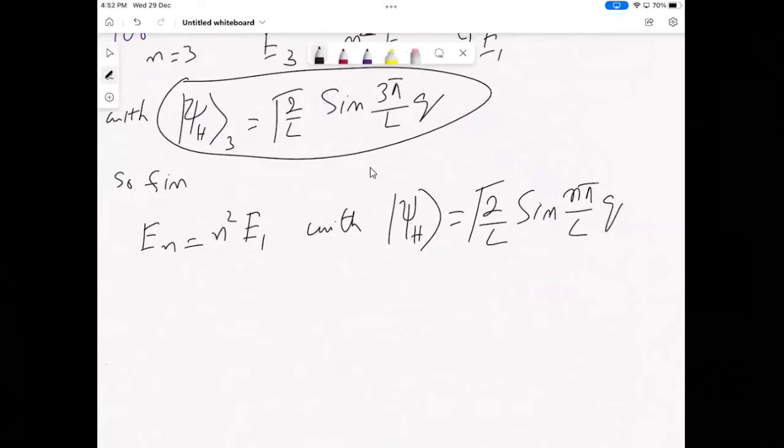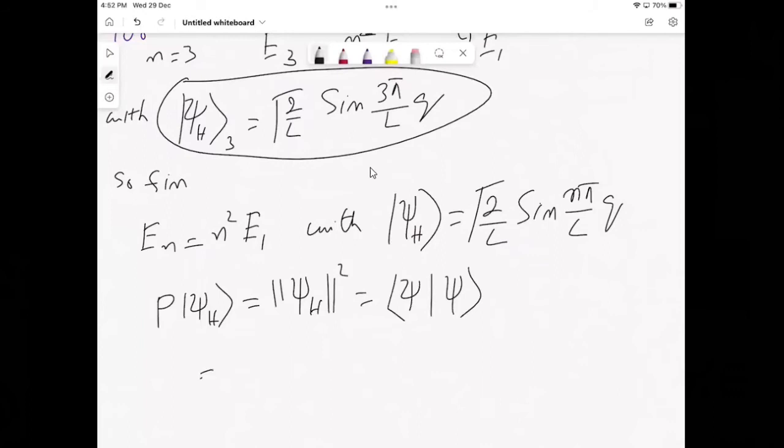And if we are interested to find the probabilities, then the probability of an eigenstate of the Hamiltonian, as we have already discussed many times, will be equal to the square.